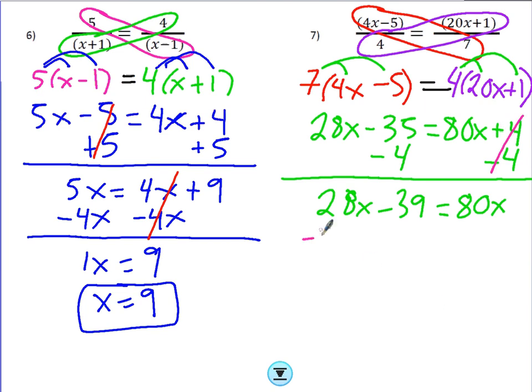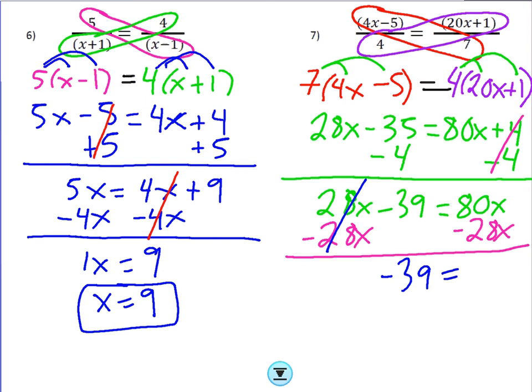And then here I will subtract 28x from each side. The 28x's here cancel, so I get negative 39 equals 80x minus 28x, which is 52x.